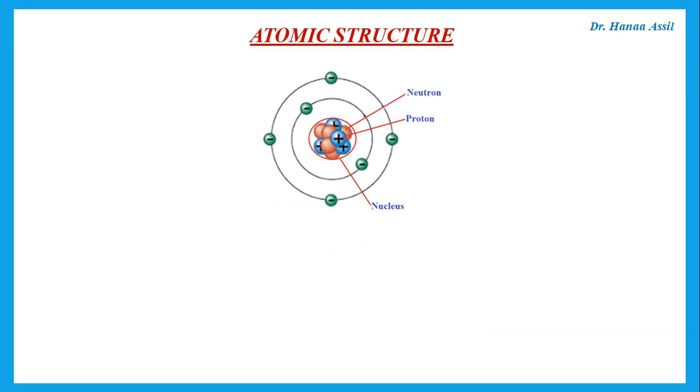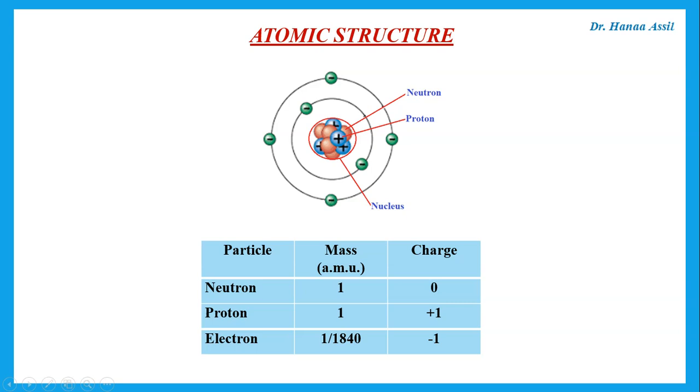Then let's talk about atomic structure. We said an atom is made up of a central part called the nucleus, and inside the nucleus we have neutrons and protons. Remember that the neutron and proton have a mass of 1.